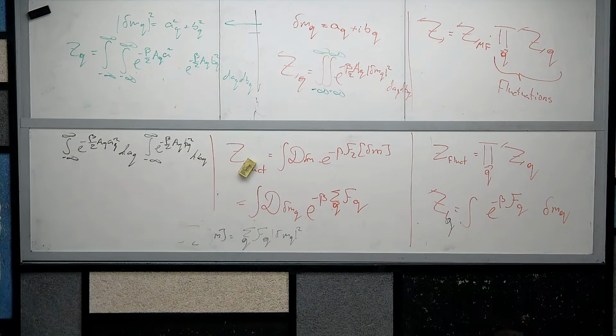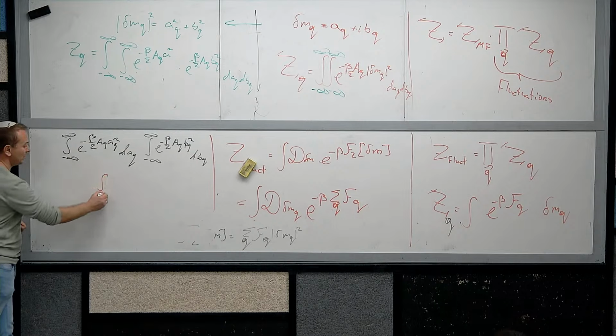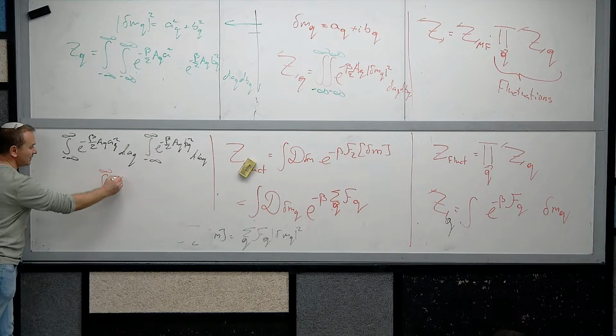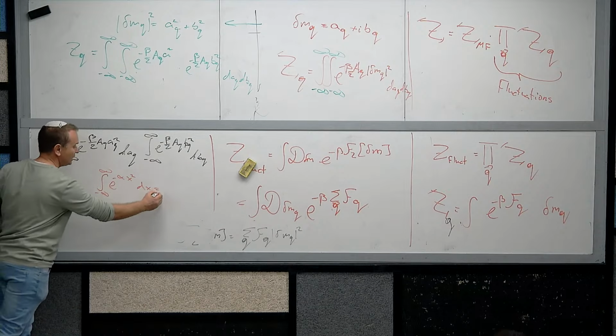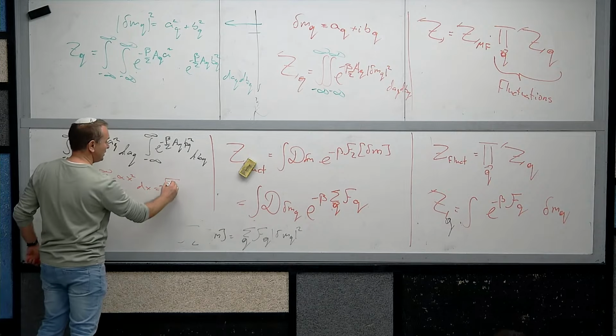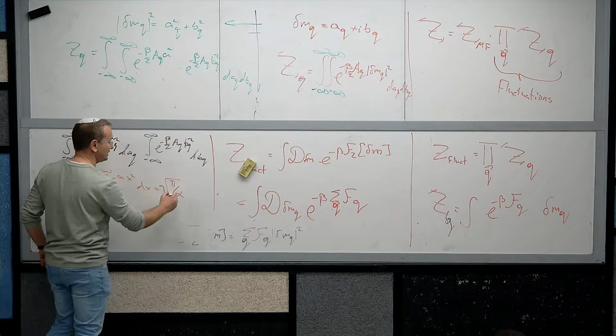So just two Gaussian integrals. I remind you that the integral from minus infinity to infinity of e to the minus alpha x squared dx equals the square root of pi divided by alpha.